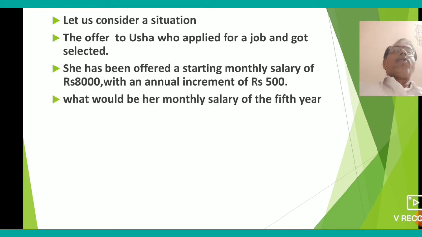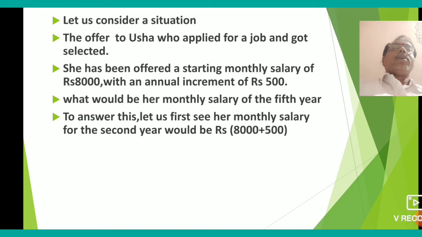Now, what would be her monthly salary of the 5th year? Can you find this? Just think over it and then let us see. To answer this, let us first see her monthly salary for the 2nd year would be rupees how much? 8,000 plus 500.